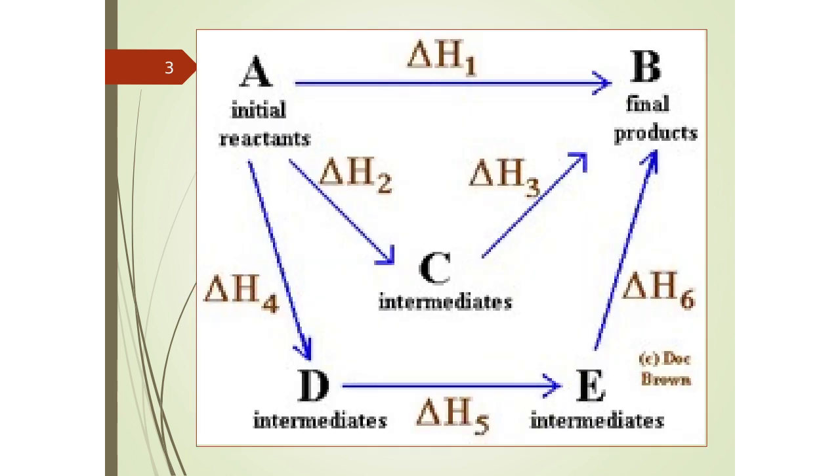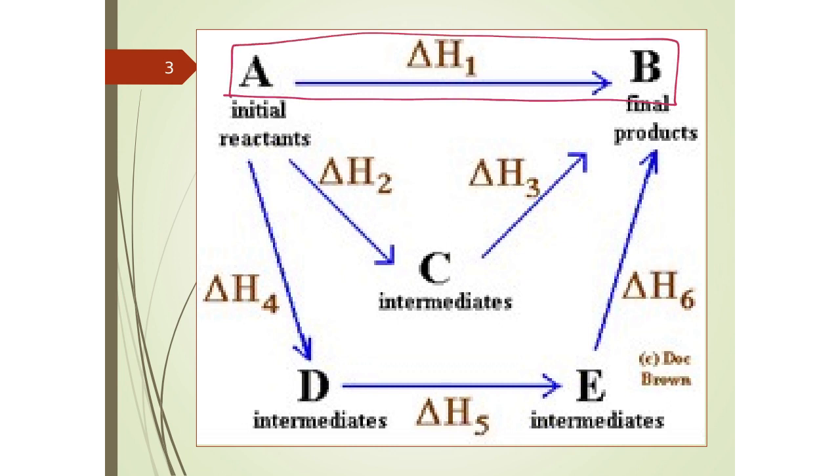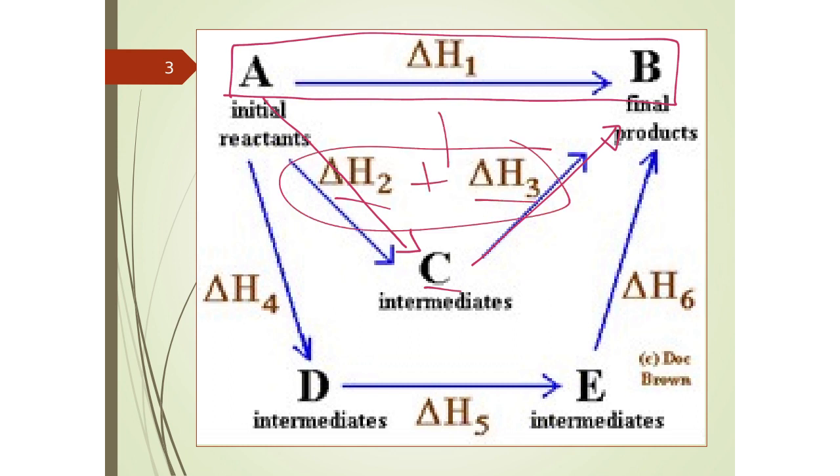Here's just a little diagram showing you that if you wanted to figure out the enthalpy of reaction A to B, but you couldn't carry it out in the lab setting, you could take some different approaches. Maybe you react A and you come up with some sort of intermediates that will eventually give you B. Then you could take the enthalpy of that reaction, that enthalpy there, add them up, and it should equal the overall that we are intending.